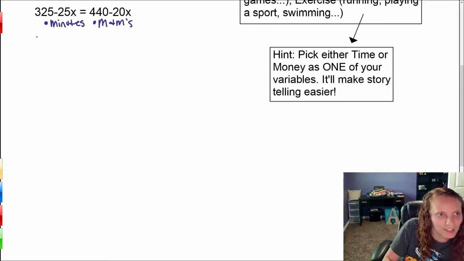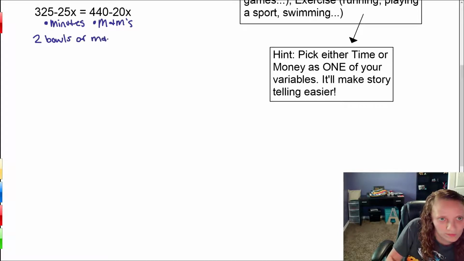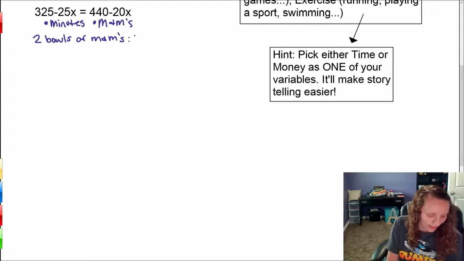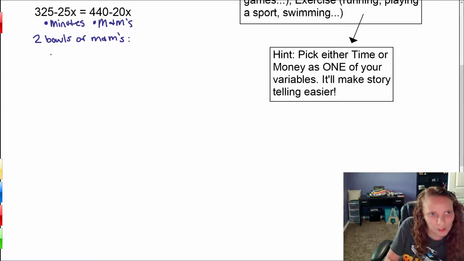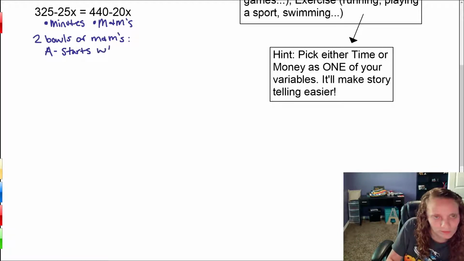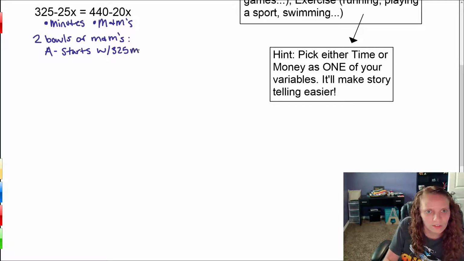So in this case we have 2 bowls of M&Ms, and bowl A has 325. Okay, so they're starting with 325 M&Ms.